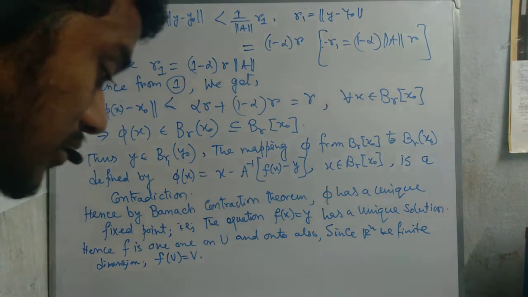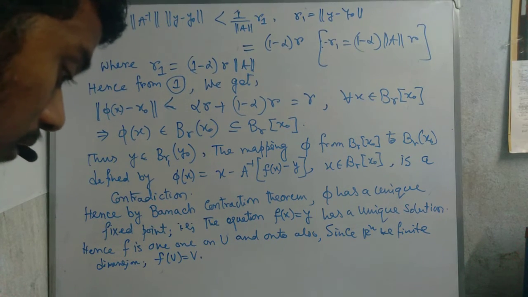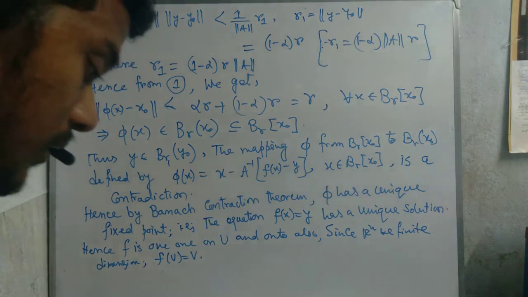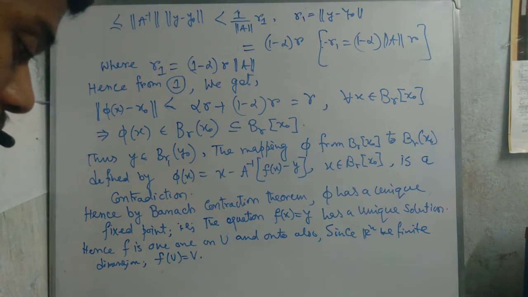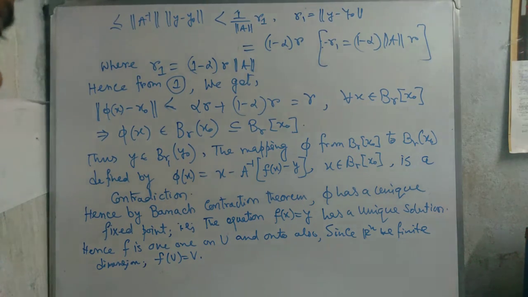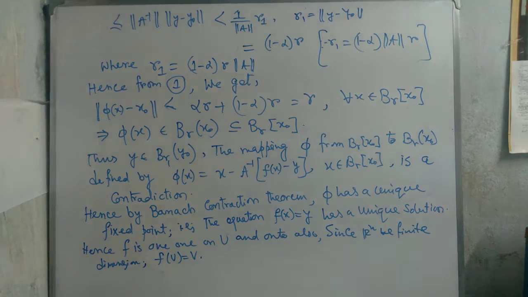So the norm of phi(x) minus x0 is less than r, so phi(x) belongs to the open ball B_r(x0). Then y belongs to B_r1(y0). Then the mapping phi from closed B_r(x0) to open B_r(x0), defined by phi(x) equals x minus A inverse of f(x) minus y, is a contraction. By the Banach contraction theorem, phi has a unique fixed point, so the equation f(x) equals y has a unique solution.